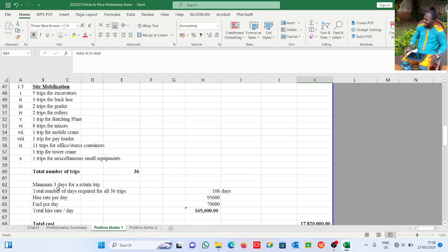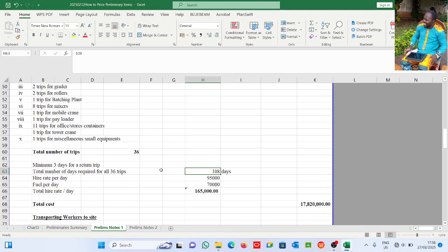That is what we have here. All right, now this is a total of 36 trips. A minimum of 3 days for a return trip. So how many trips altogether? That means 3 times 36. That gives us 108 total number of trips. Okay, now hire rate per day for a low loader.